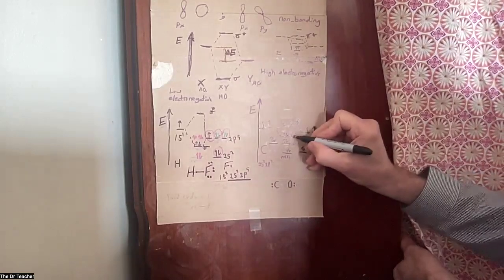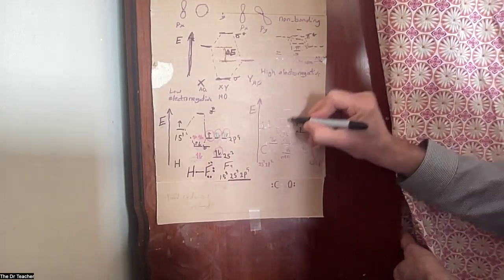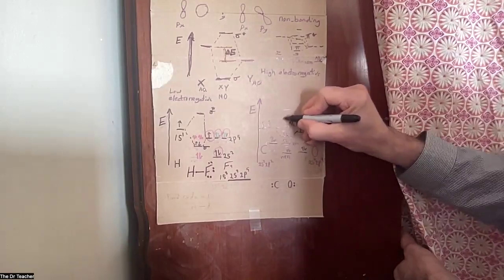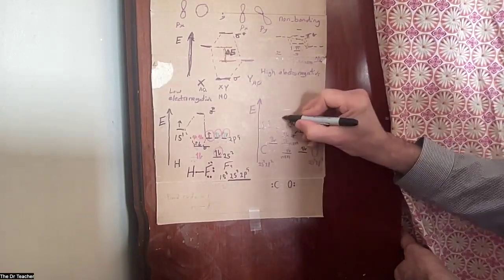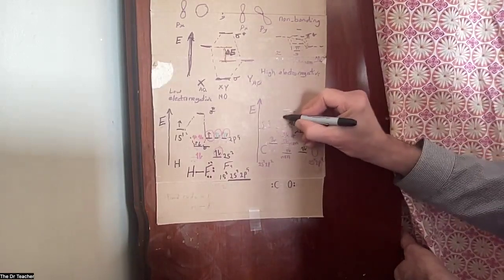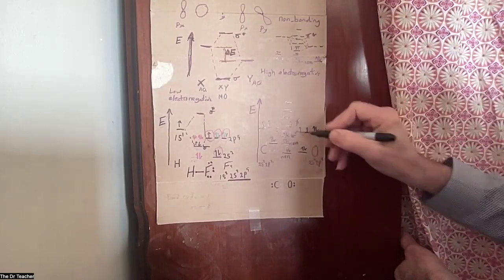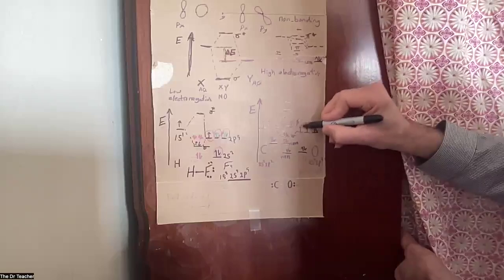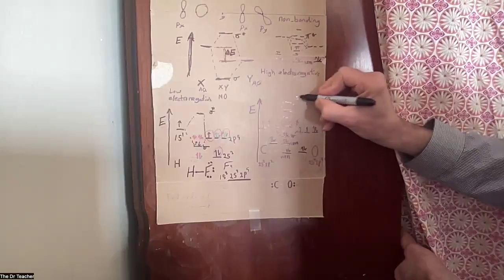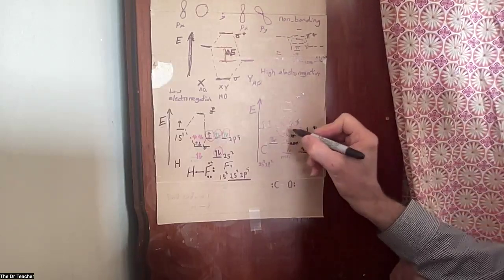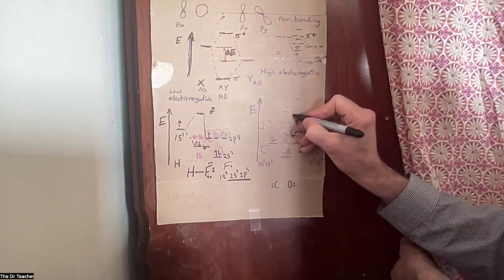Every time you do sigma, it means there is a sigma star. Okay, so 1, 2, 1, 2. And there is one here that will do the sigma star. And these 2 will do the pi star.